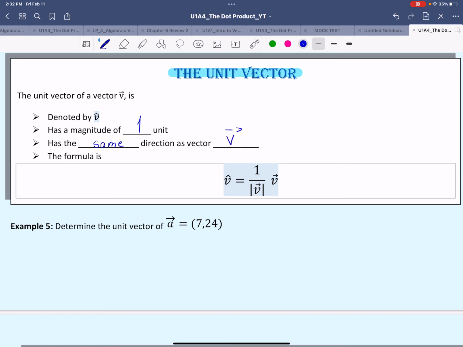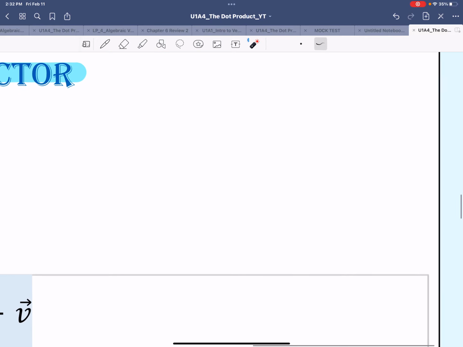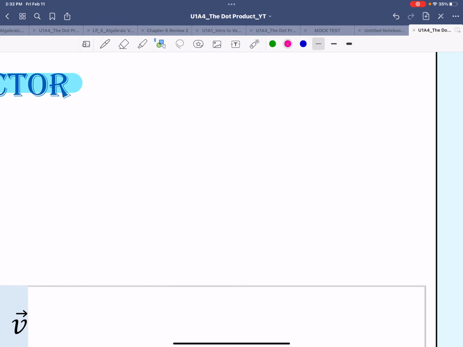The formula for the unit vector may seem a little bit complicated at first, so let's break this down. I'm going to draw some vector here, and we're going to call this vector v, since we were talking about vector v.